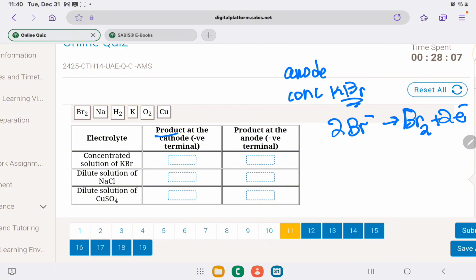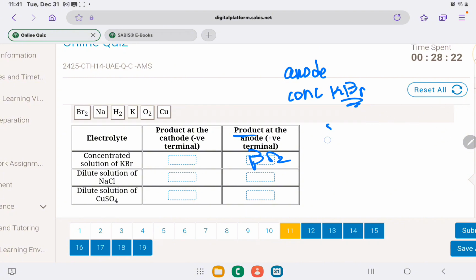So the product at the anode is Br2. And at the cathode, does the solution contain Cu or Ag? No. So the equation is gonna be 2H plus, plus 2 electrons to give H2. So that's the answer, H2. Okay, so H2 and Br2.